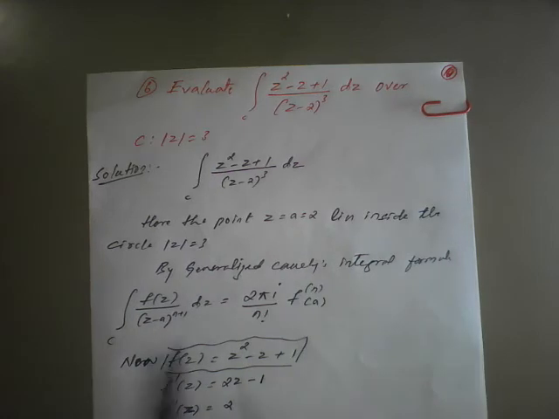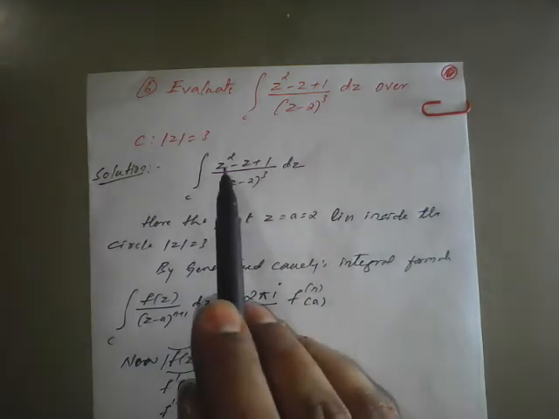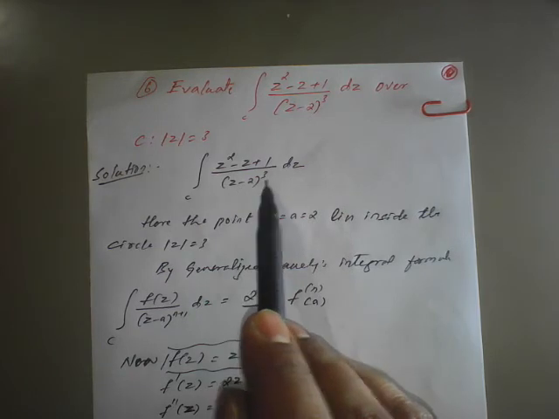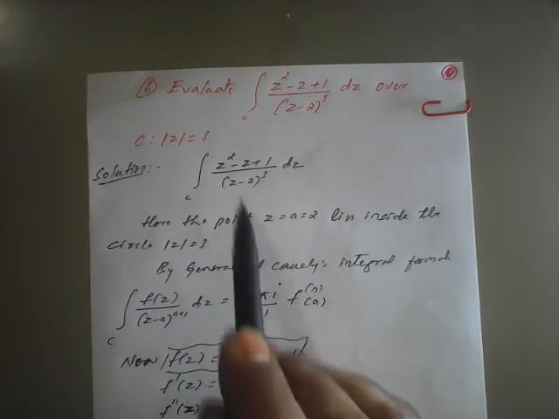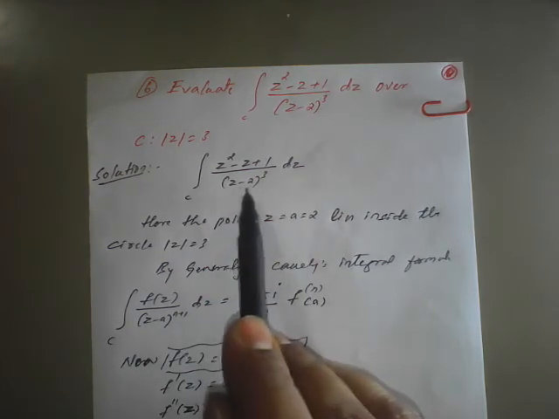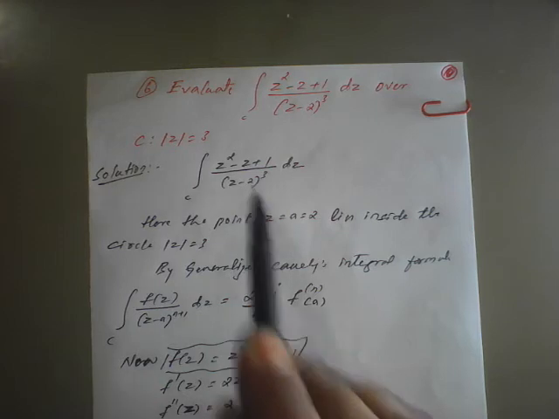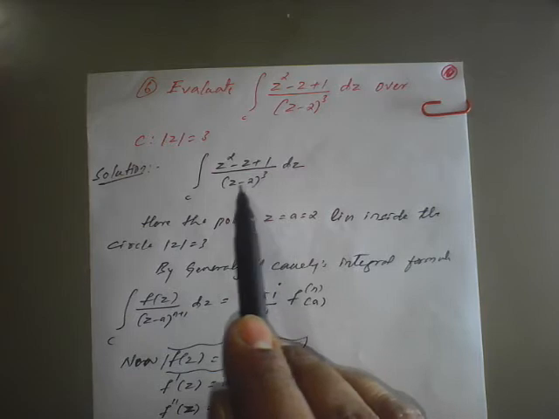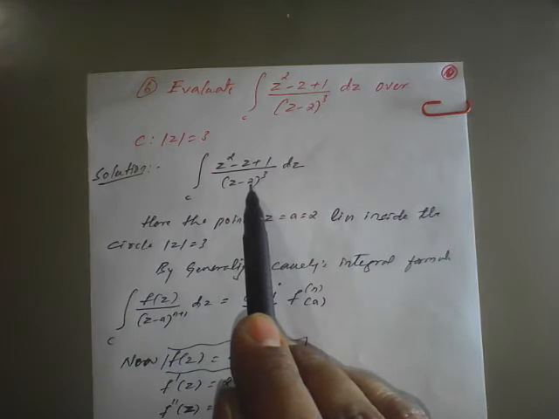Now the given question is z square minus z plus 1 upon z minus 2 cube into dz. Here the point we need to consider is z minus 2, so this 2 is nothing but the value of a.